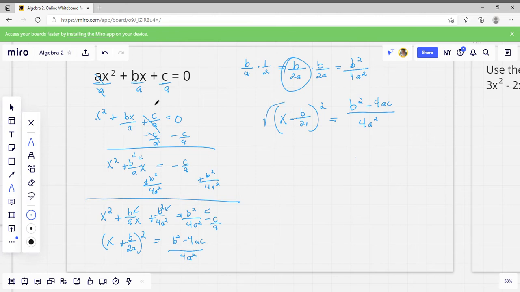If I square root that and I square root that, this would be x plus b over 2a equals plus or minus the square root of b squared minus 4ac over, I can get the square root of that, that would be 2a.